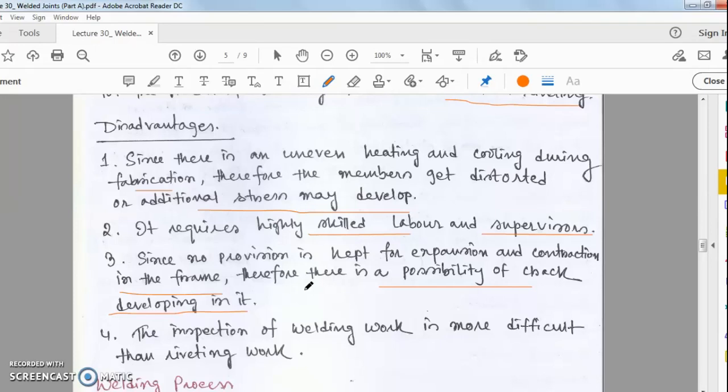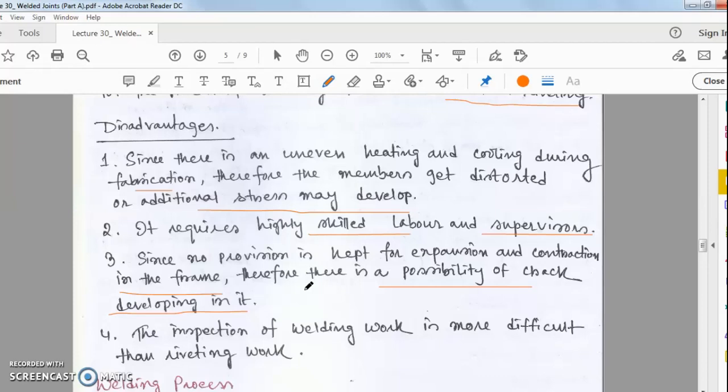So during expansion and contraction, the metals cannot get the necessary space to expand or contract. In welding, this is the most important problem, as the joint is heavily rigid and no sufficient clearance is provided for expansion and contraction of the joint.